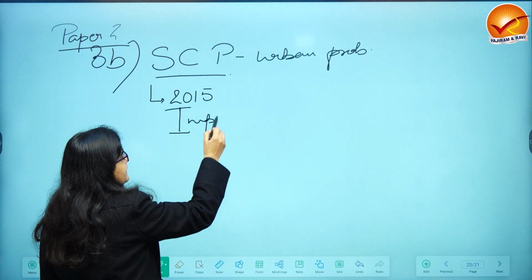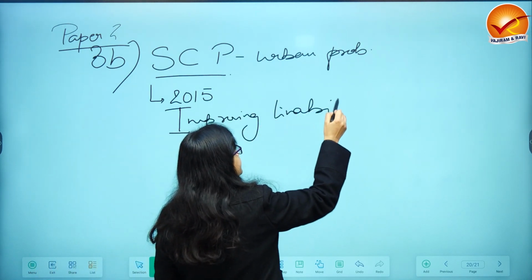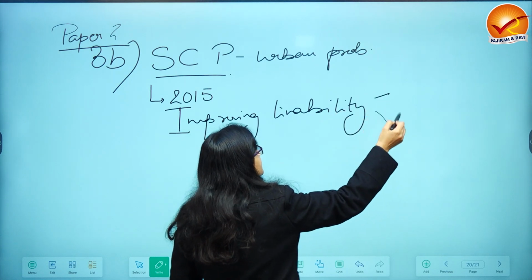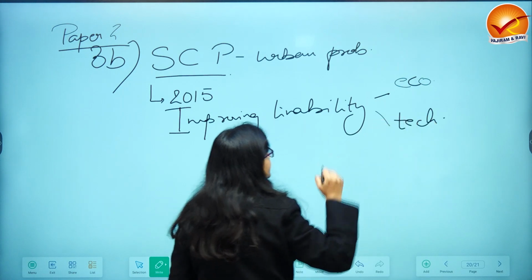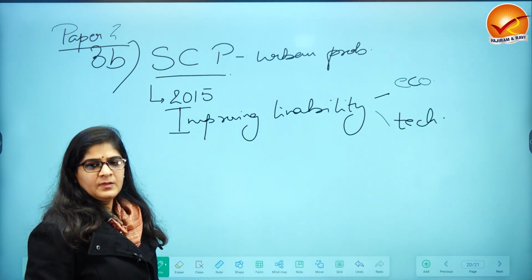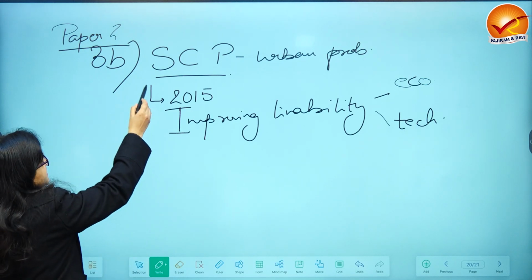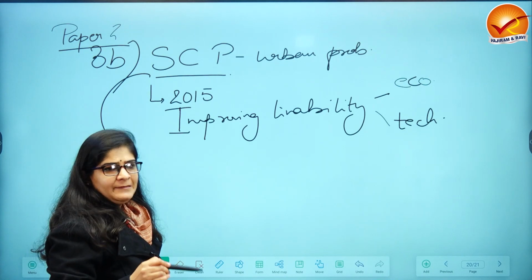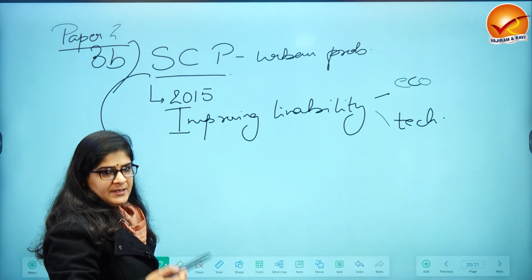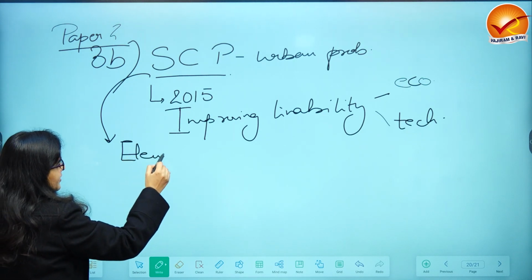That's the Smart Cities program. Initially it was for a 5-year period terminating in 2019-2020, but now it has been extended. And the Smart Cities program focuses upon certain elements.